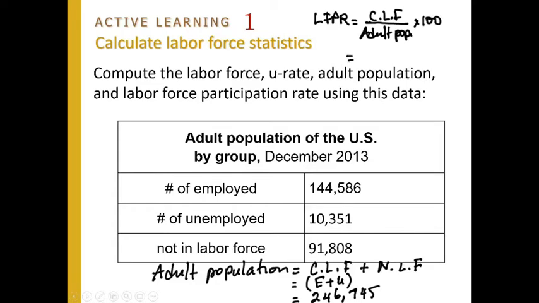When we plug in these numbers, those people who are in the civilian labor force, we have 154.9 million, and as adult population we have 246.7 million people.